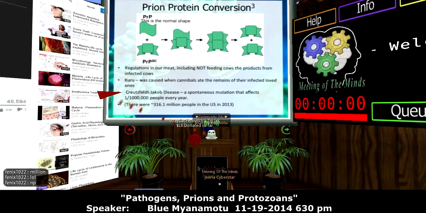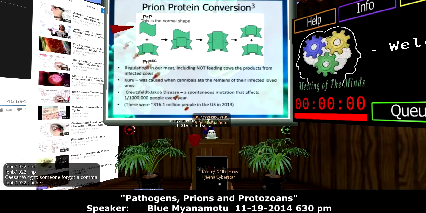The people that have this prion protein have a single mutation, a single base that has changed, a single amino acid that has changed in their protein. And the scary thing is, because of that, it will spontaneously fold into this PrPSc conformation. And when that happens, the person is pretty much dead.